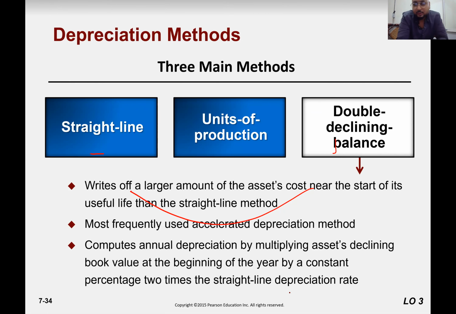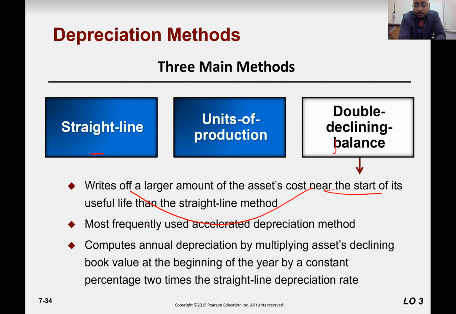So it writes off a larger amount of assets near the start. So at the start of the years, the depreciation will be highest, right? So it is a more aggressive depreciation method, which charges more depreciation at the start of the year.